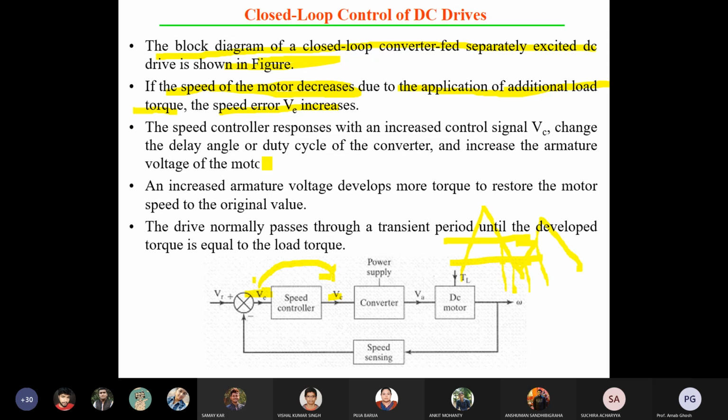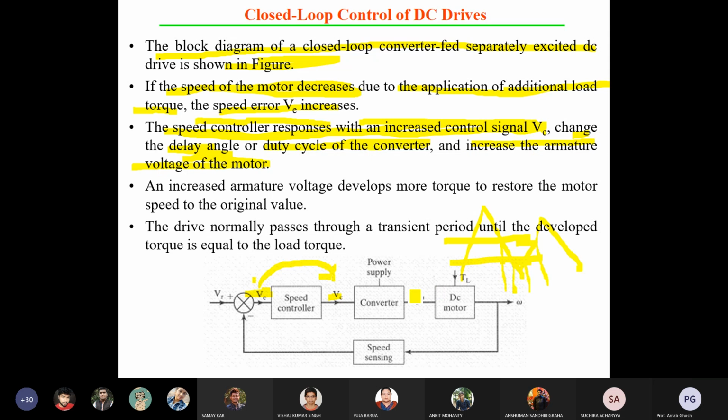So the speed controller responds with an increased control signal VC. It changes the delay angle or the duty cycle of the converter, which I have already discussed, and increases the armature voltage of the motor.